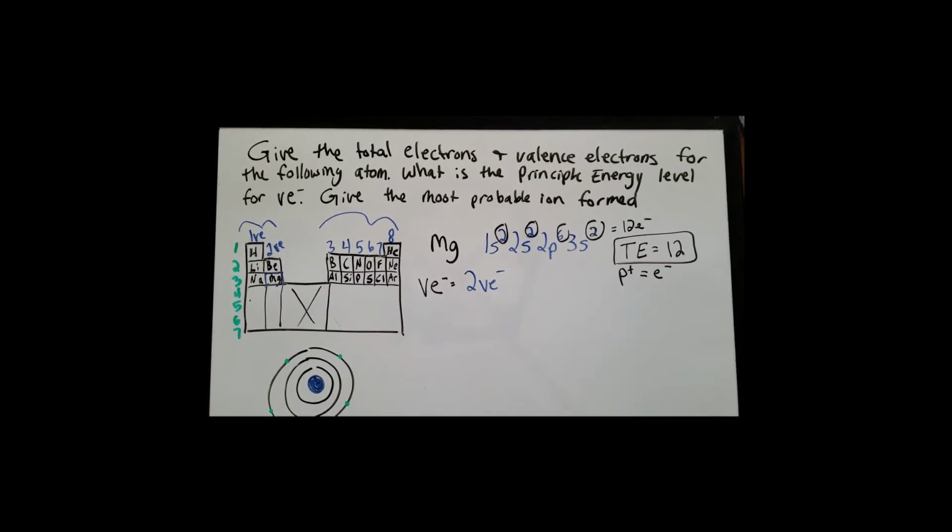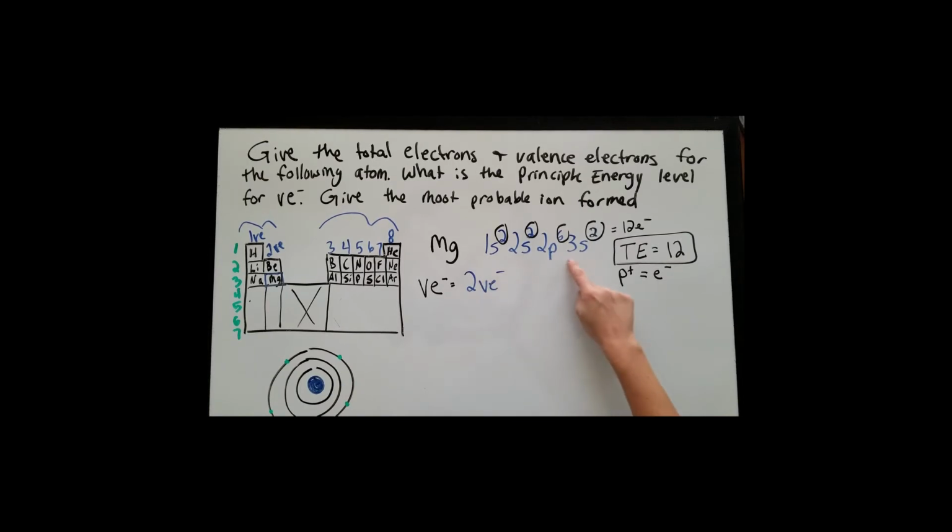Now, when we're talking about valence electrons and referring to the electron configuration, the valence electrons, just like in this depiction, are the electrons on the outermost shell. So the highest energy level, furthest away from the nucleus.